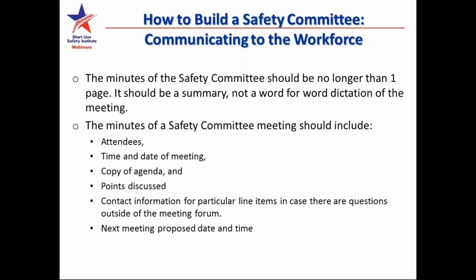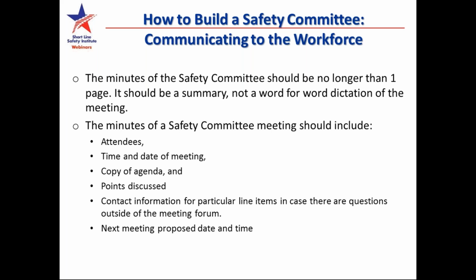It should, however, include who was in attendance, which meeting are we talking about, a copy of the agenda that was put in place, the points that were discussed, what is the contact information for particular line items, what was determined, who's responsible, and when is the next meeting's proposed date and time.